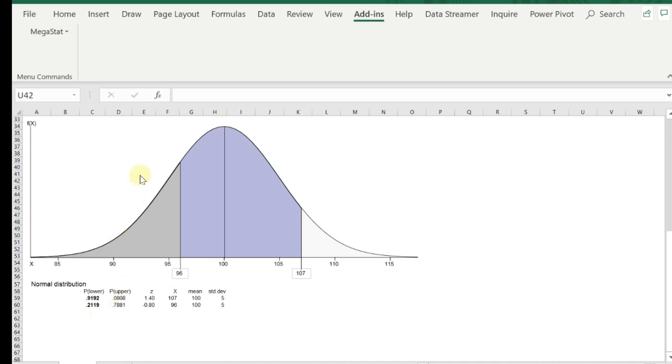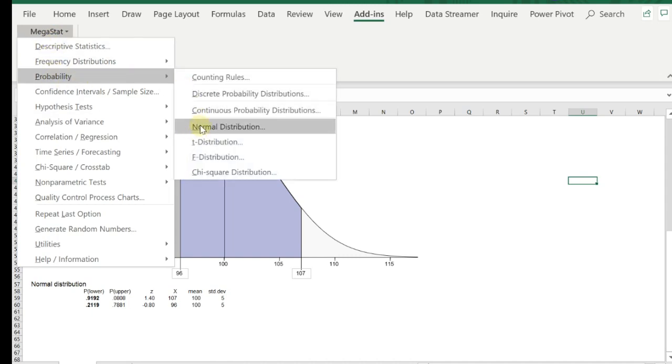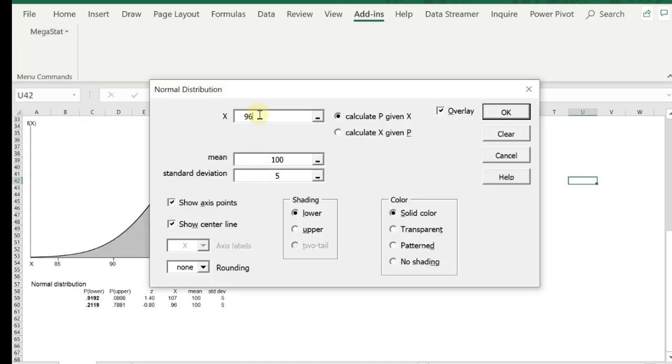Now suppose I want to do the area above 111. That's the last part of that example. Go to Stat, Probability, Normal. And this time you change your x to 111, and the upper, that would be the right tail, and remove the overlay. We don't need the overlay. This is a whole separate problem. So we get a different normal distribution now.